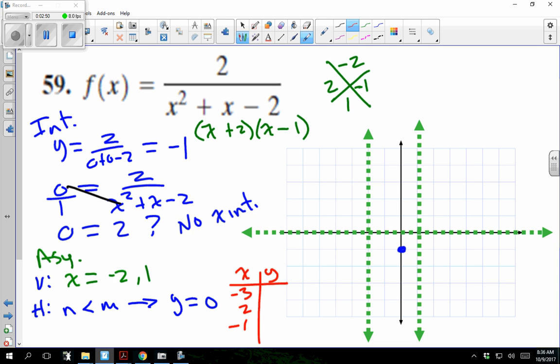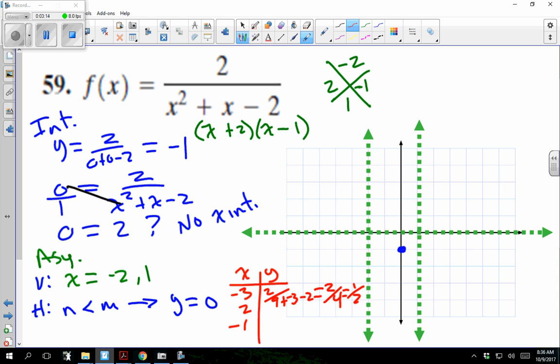Okay, so -3 starts at 2 divided by 9 plus a -3 minus 2, which gives us 2 over 4, or 1/2.